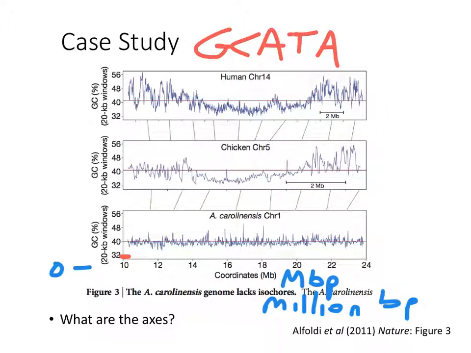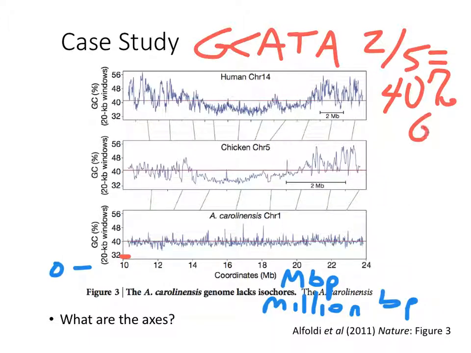what's the percent GC? 5 nucleotides. 40%. So 2 out of the 5 are G's or C's. So 2 divided by 5, 40%. So that's 40% GC. 40% of those 5 letters are G's or C's, either one.